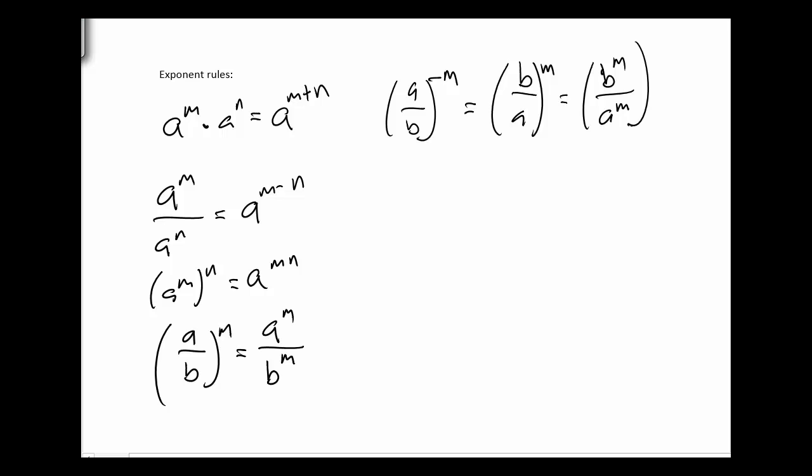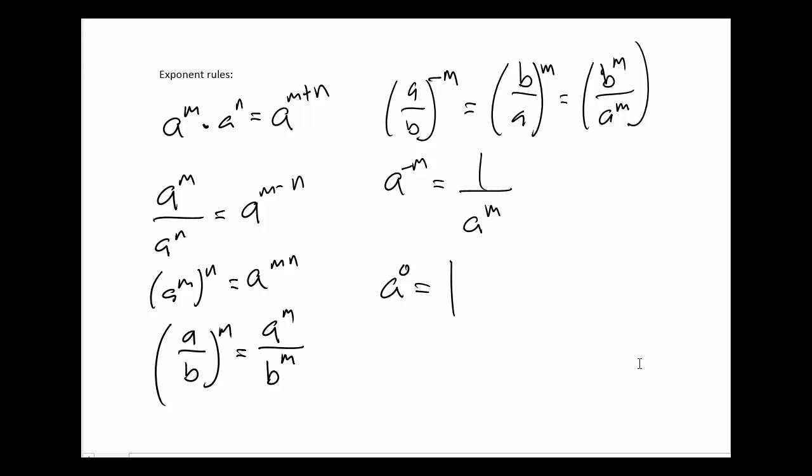So all of those are equivalent to each other. If I have something to a negative exponent, I can make that be a positive exponent by putting it in the denominator of a fraction. And if I have anything to the 0th power, that is equivalent to 1.